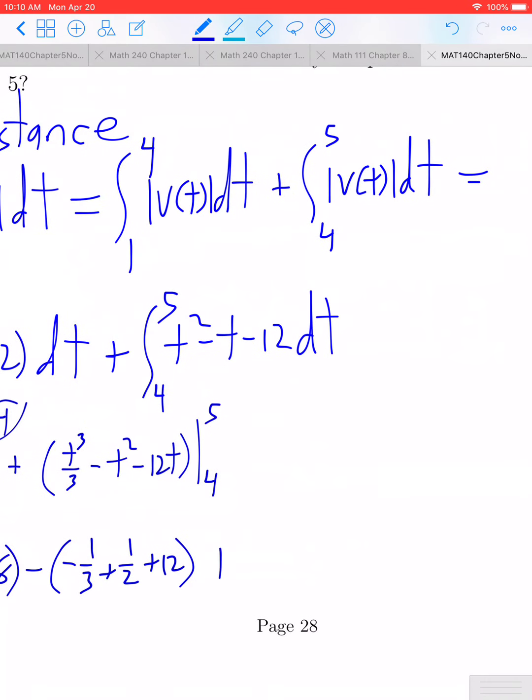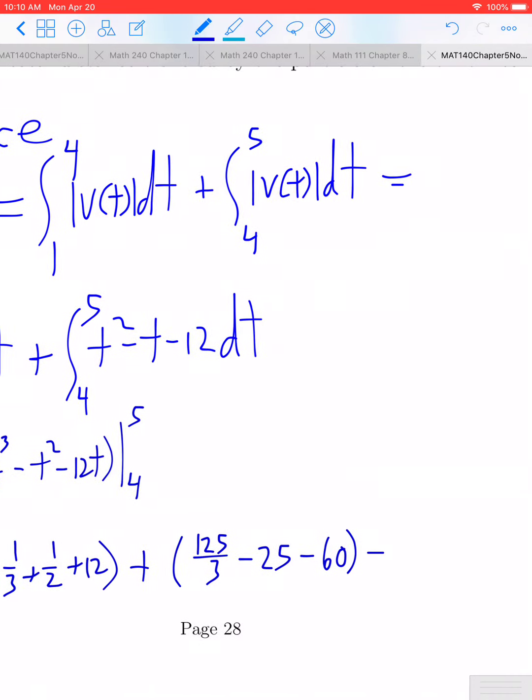Let's look at the second piece of this. Plug in the upper limit of integration. 5 cubed is 125 over 3. 5 squared is 25. Negative 12 times 5 is negative 60.